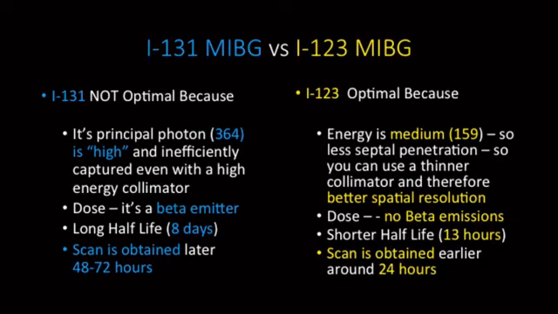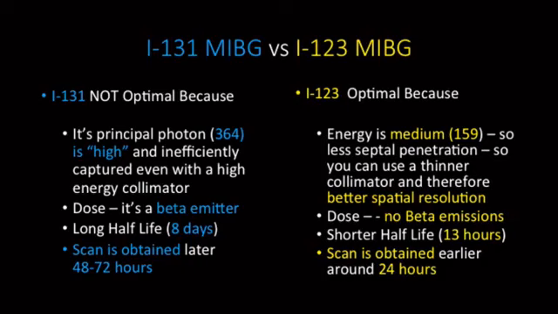So the dose that you can actually give with 123 is way higher. You can give like 7 times more 123 and not hurt the patient. So the photon flux is way better. Your imaging is way better. You have to wait to scan with 131 so that you can improve your target to background ratio. You don't have to do that with 123. So basically, you can use thinner plates.